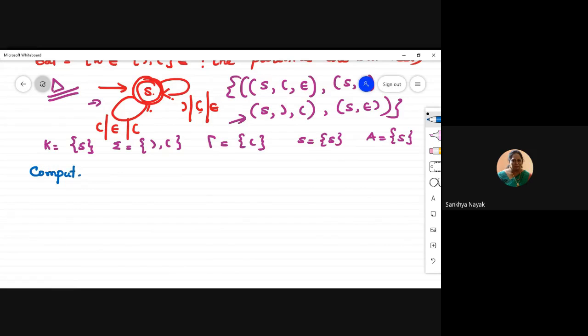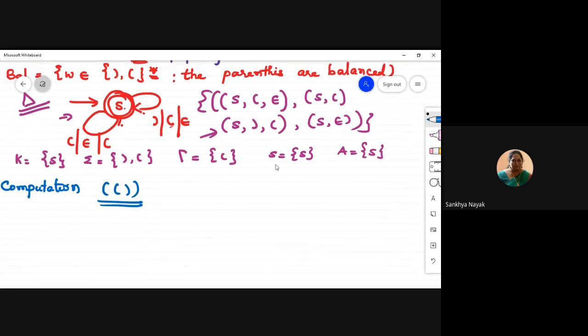Let us take the first computation like this. It should be accepted, correct? So let us see whether it will accept. So we start with the starting state. My input is this and nothing is there in the stack. So do I have a transition function for S, open and anything in the stack? Yes, that's a push function.